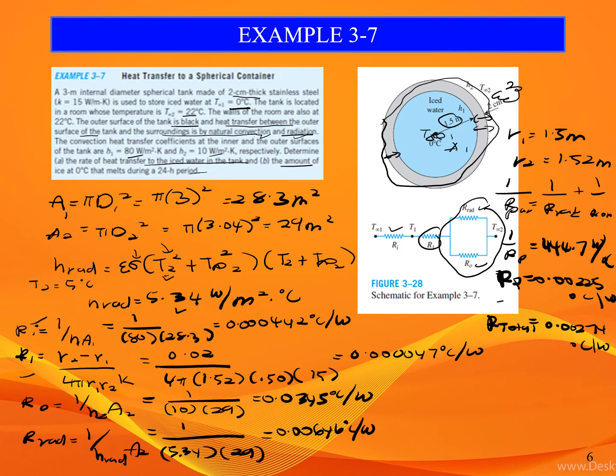Okay, so to calculate the Q, 22 degrees Celsius minus 0, over this R total, and the Q we will get is 8029 watts.